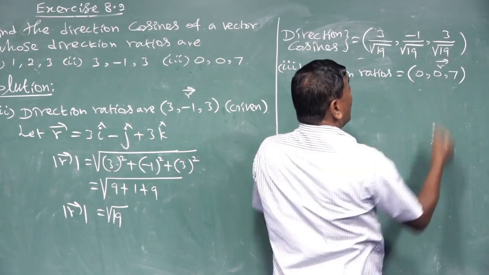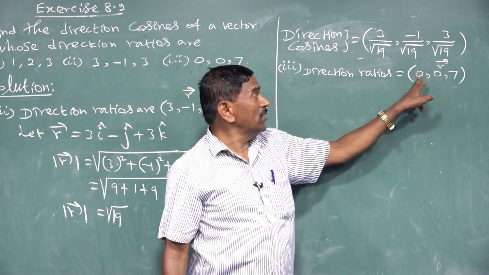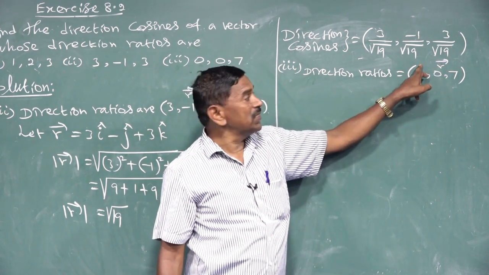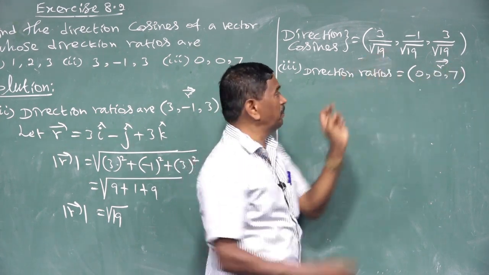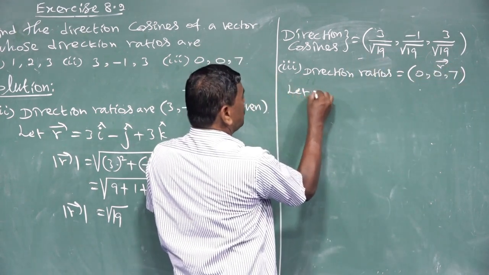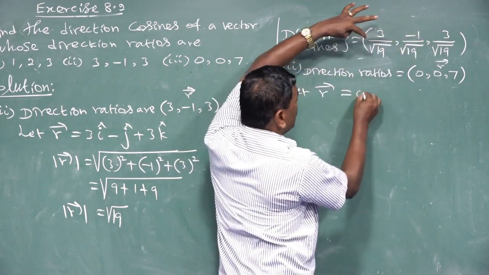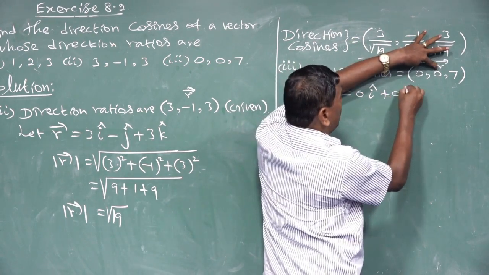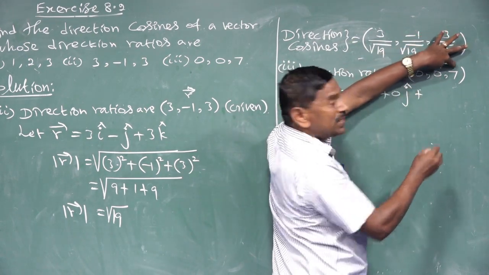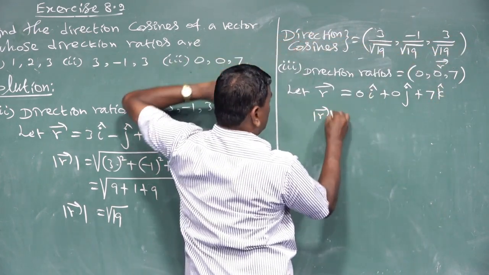Similar idea: let r vector be equal to 0 into i cap plus 0 into j cap plus 7 into k cap. Good. Now modulus r vector.